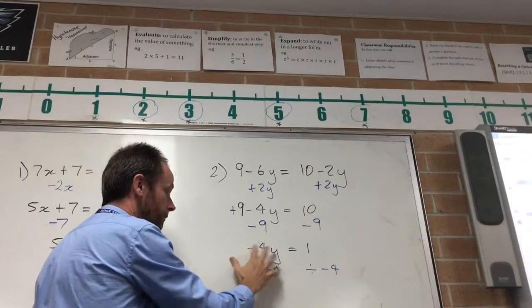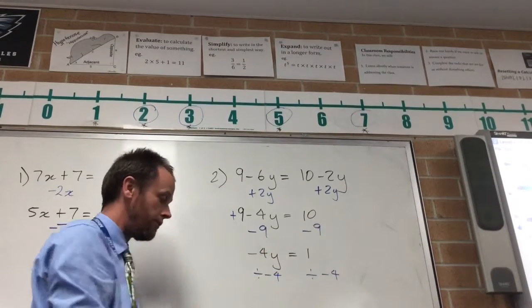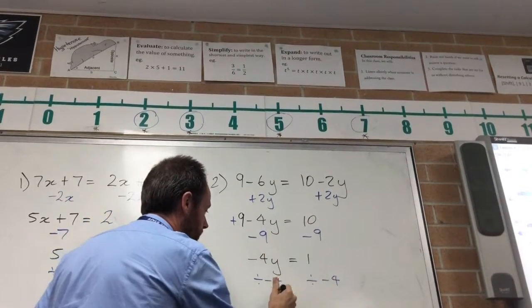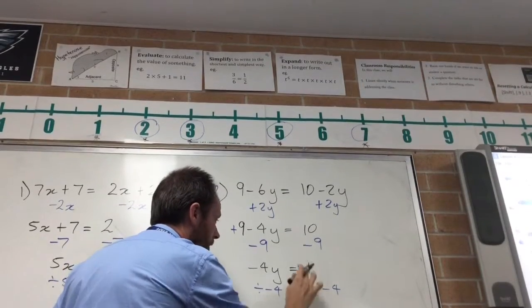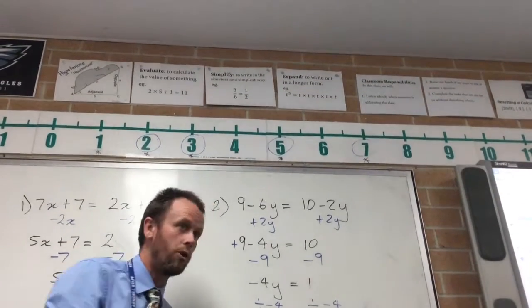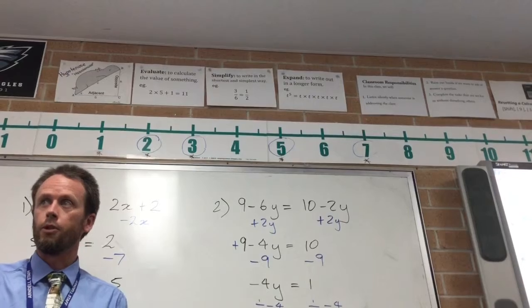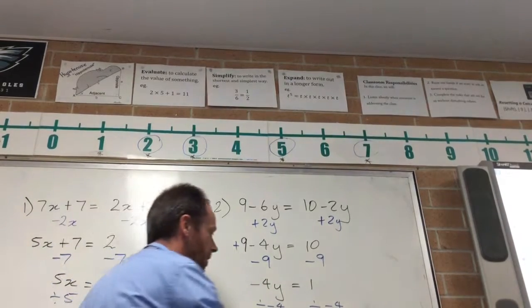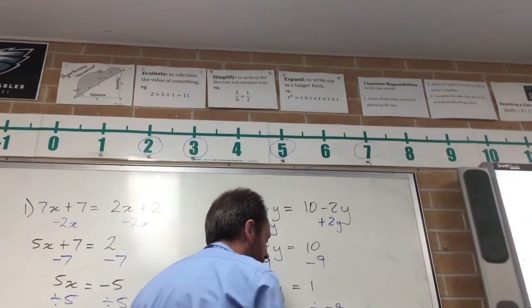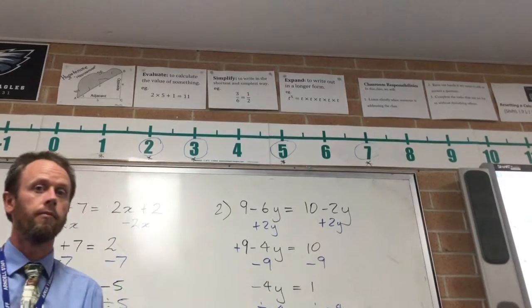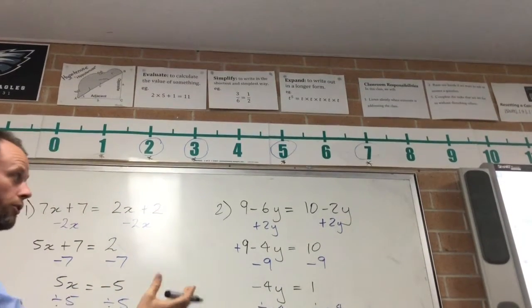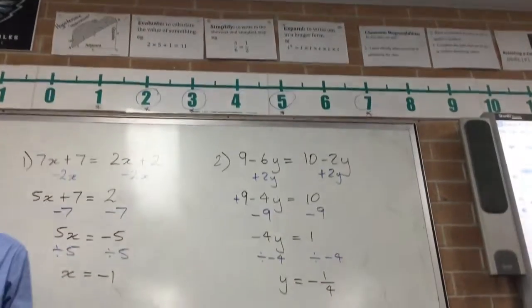Negative 4 times y divided by negative 4 cancels out. So I end up with 1y. 1 divided by minus 4. Well, it's going to be a quarter, but because of the minus, it becomes negative a quarter. So that is how we solve equations with variables on both sides.